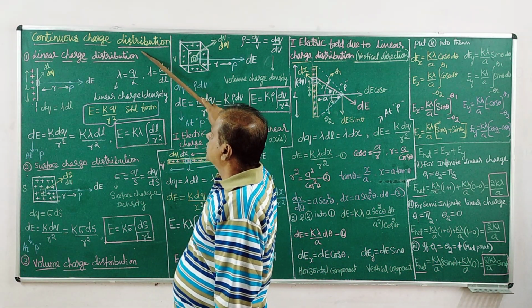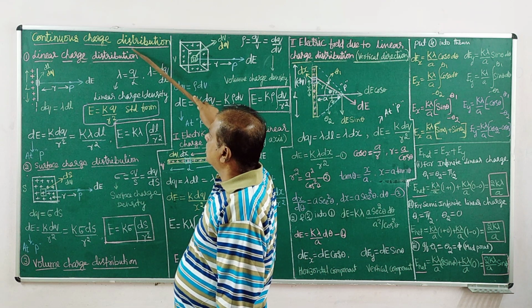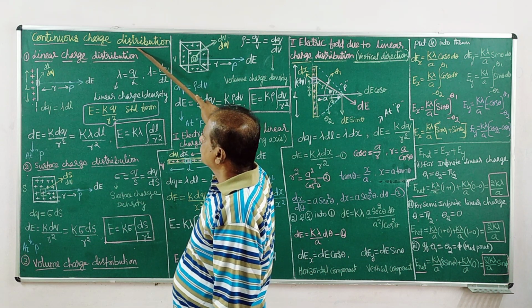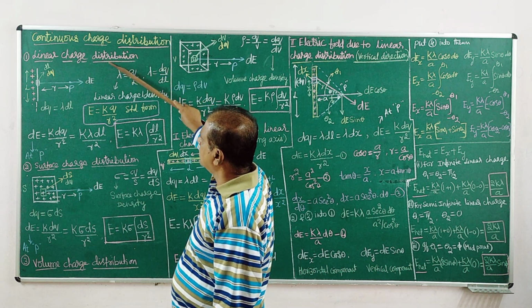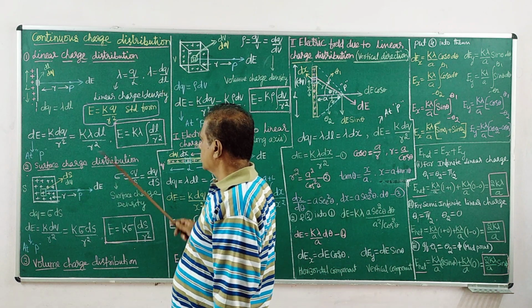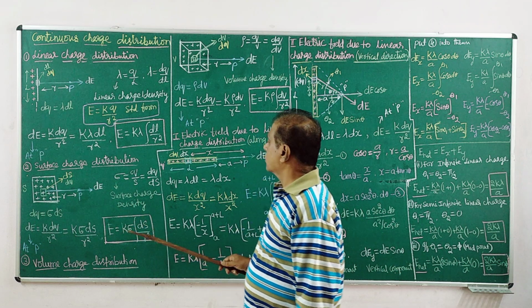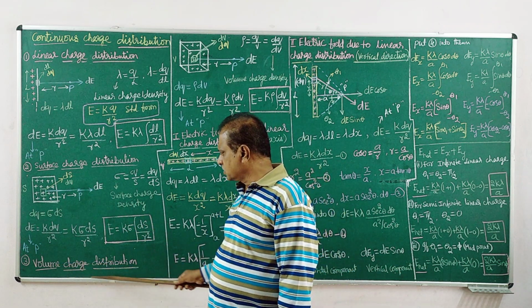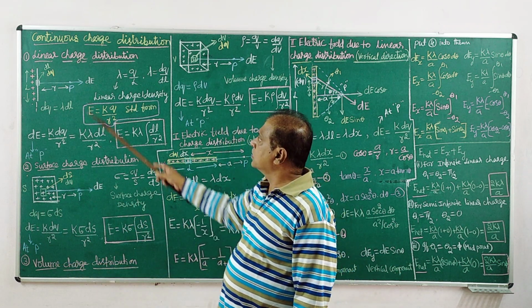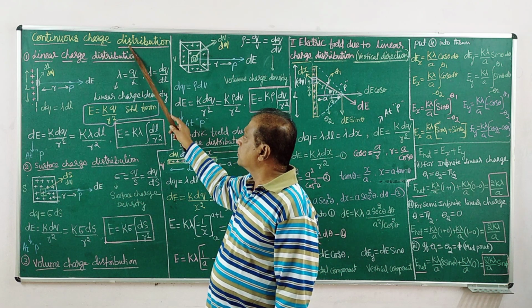There are three types: linear charge distribution, surface charge distribution, and volume charge distribution. So in continuous charge distribution we have three types.